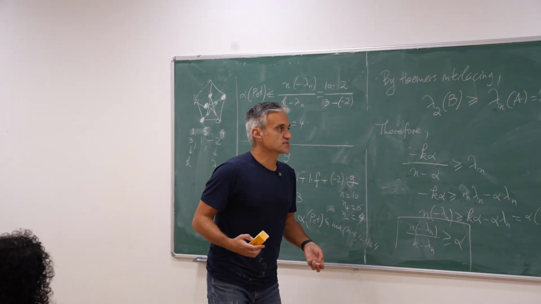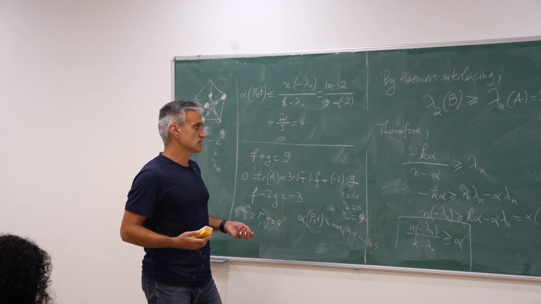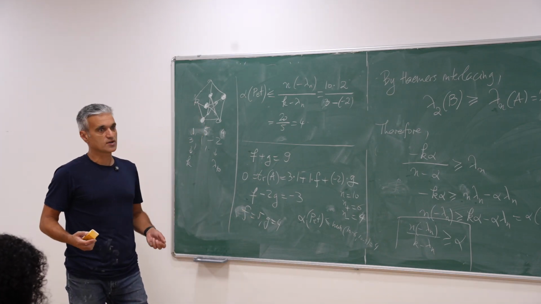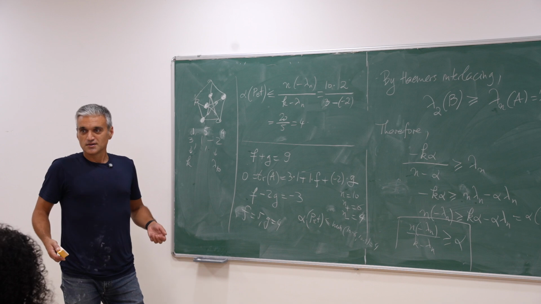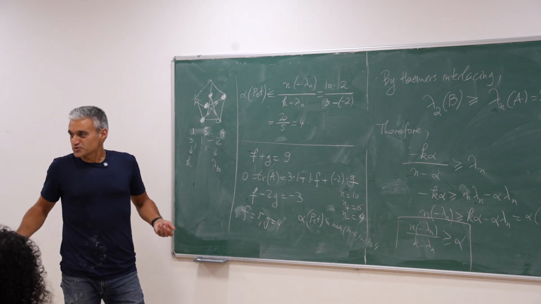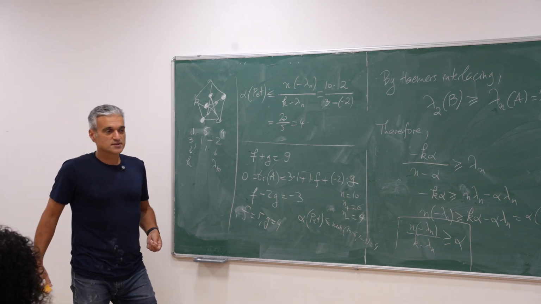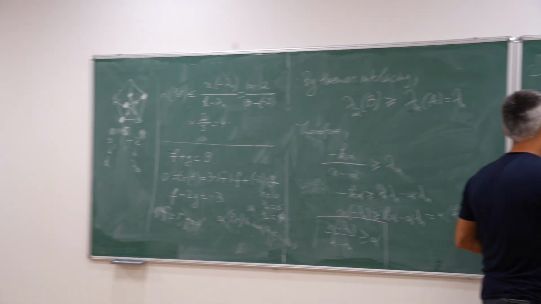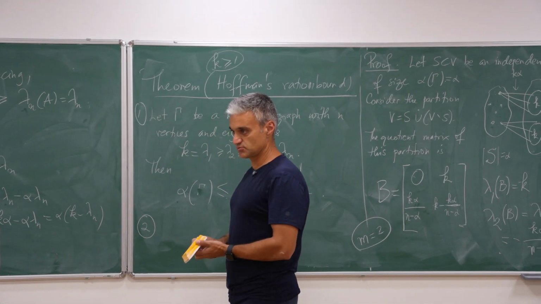Now, there are many graphs on which these bounds get equality, but obviously not all. There are also many graphs on which they don't give you what you want. One thing I will tell you here is what happens if you have equality, because that's important.